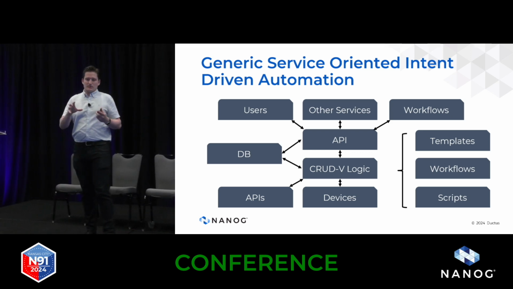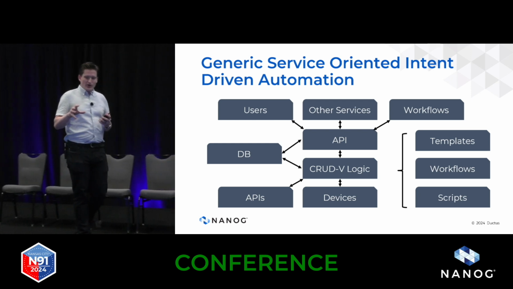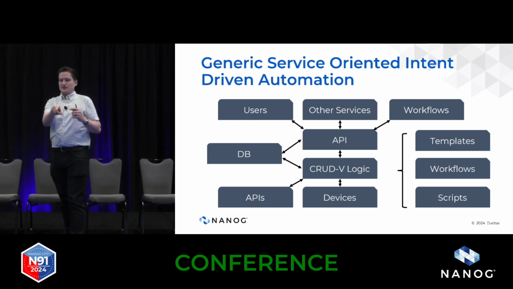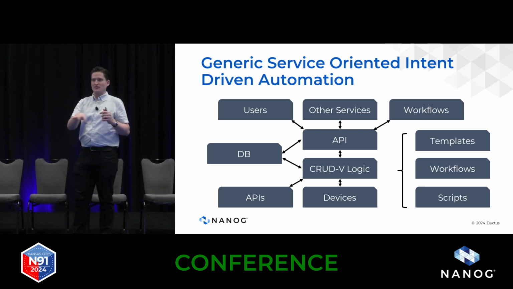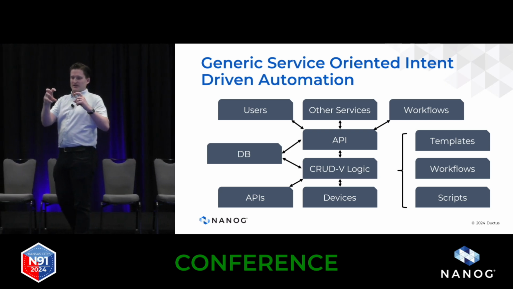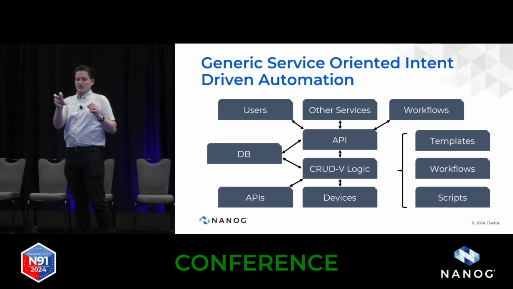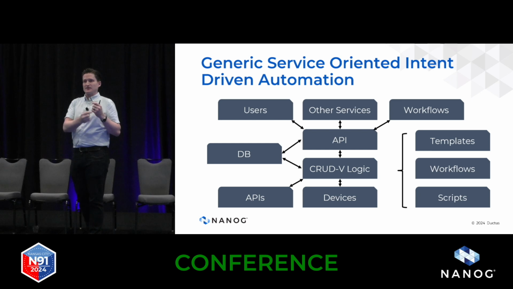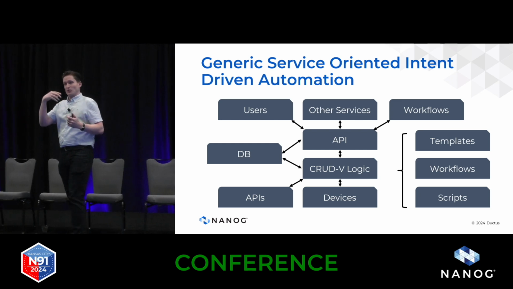So the idea here is that the top API is the API. I should probably put a box around a database API and CRUD. The API is the gateway to the service that you're providing. The lower API is an API that you may be using in order to provide that service.